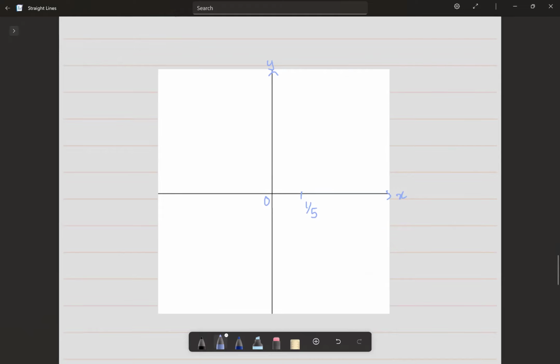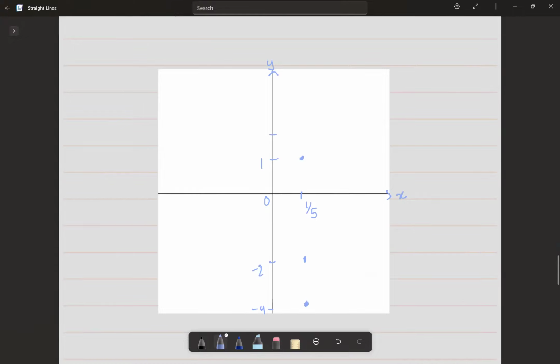Y values can change. So if y is 1, then also the value of x is 1 by 5. If y is -2, then also the value of x is 1 by 5. If y is any other number, let's say -4, then also the value of x is 1 by 5. So for any value of y, the value of x stays fixed at 1 by 5.